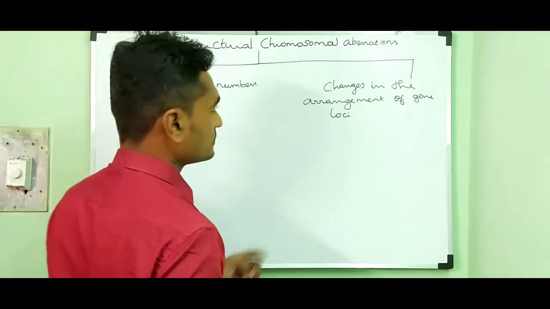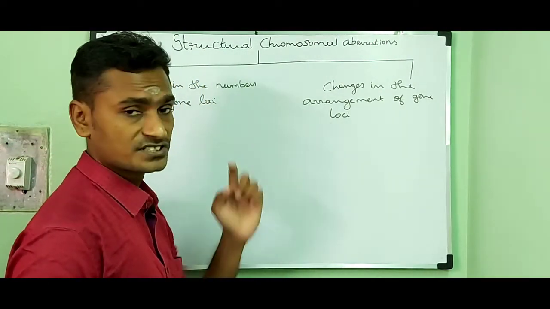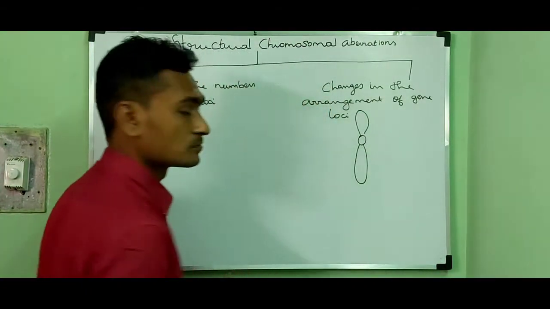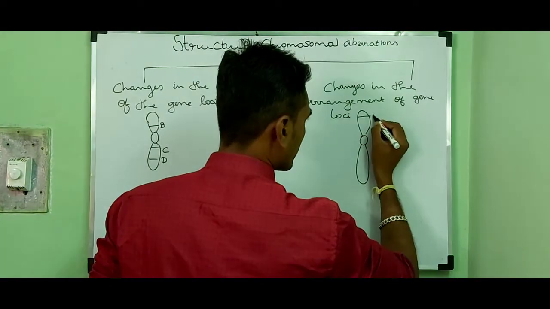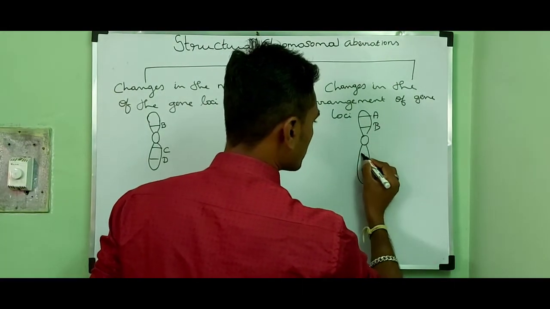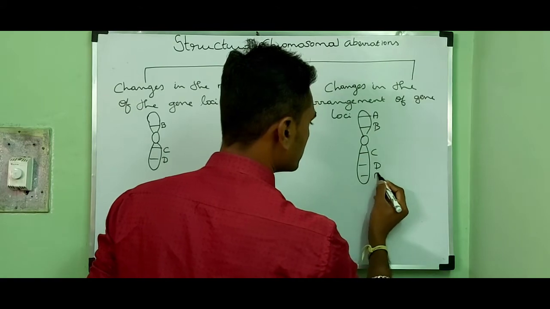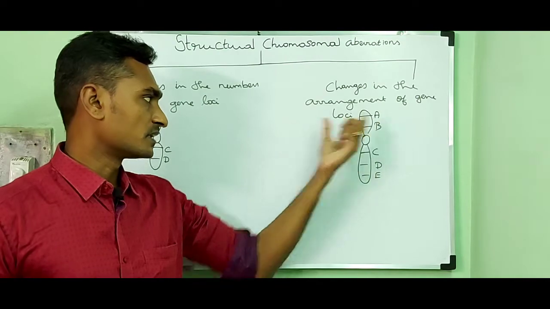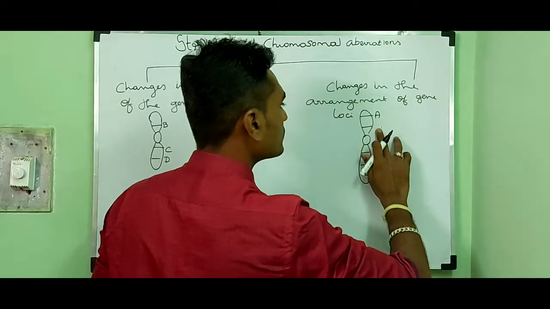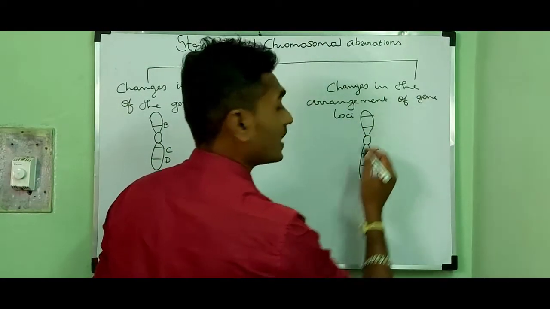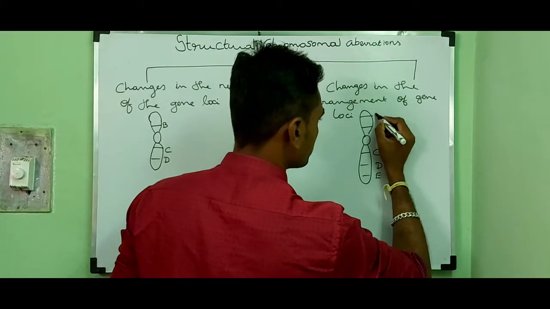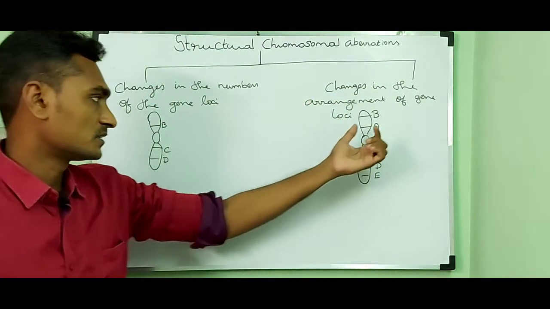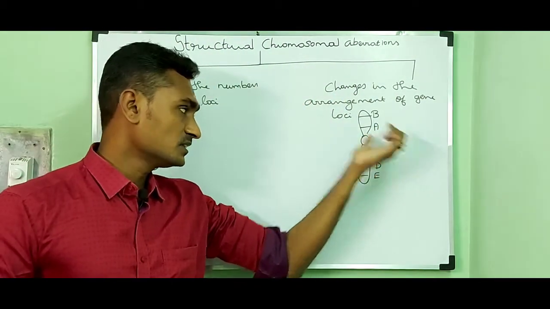While in the case of changes in the arrangement of gene loci, it is a chromosome containing capital A, capital B, capital C, capital D, capital E. If the mutation occurs in this chromatid, the arrangement of genes will change. So capital B comes at the top and capital A comes near the centromere.